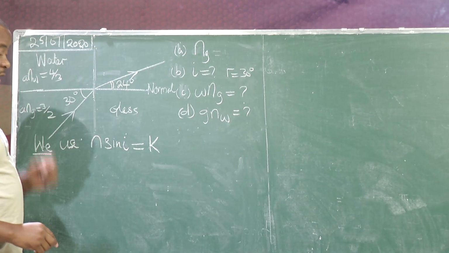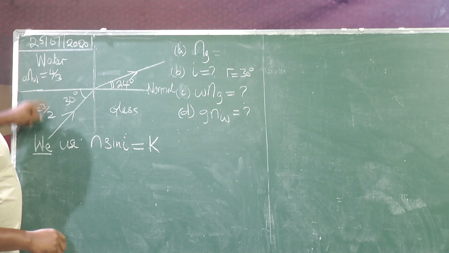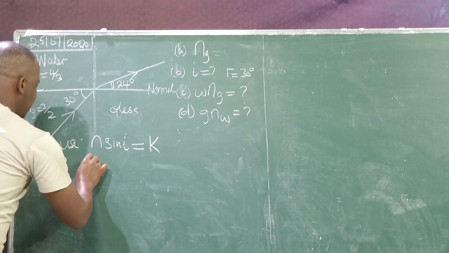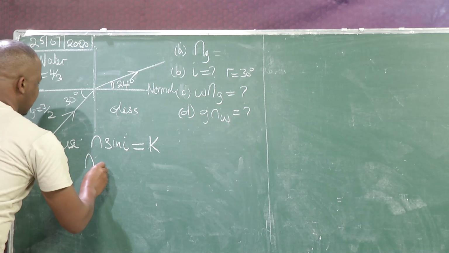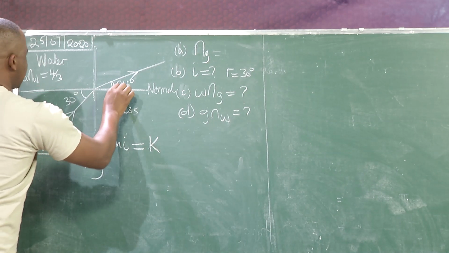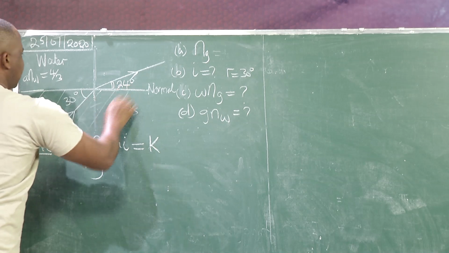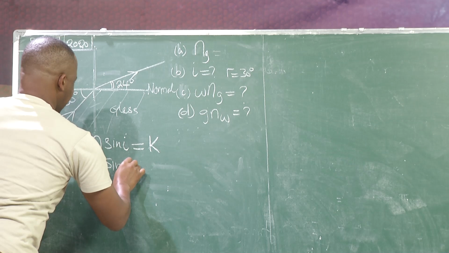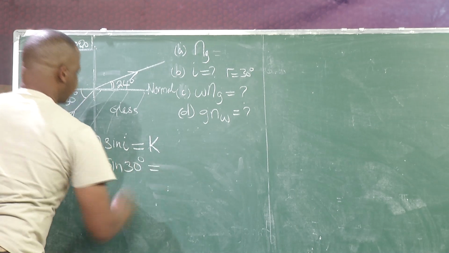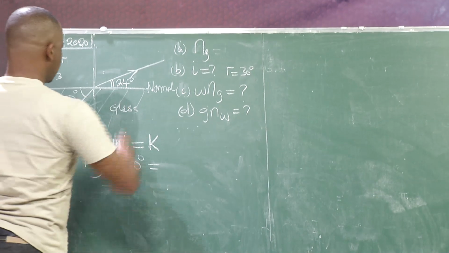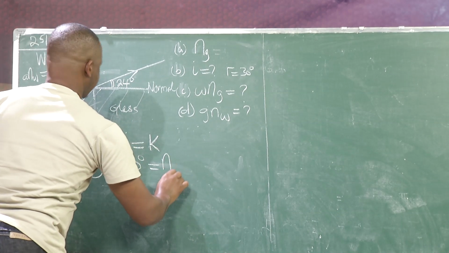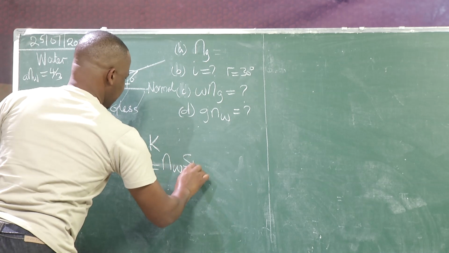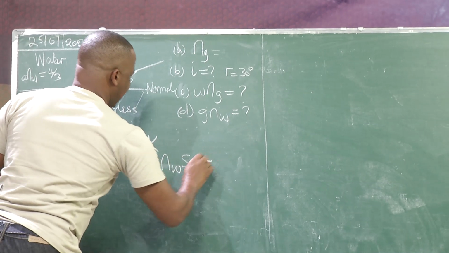If we use n sine I as a constant, we look at the media where the incident ray is coming from, and that will be that n glass, because the whole of this is glass. N glass, the sine of I as 30 degrees will be equivalent to n water, the medium where the refracted ray is, the sine of R.